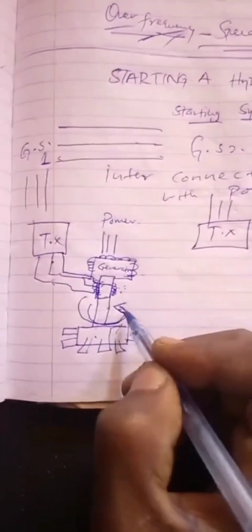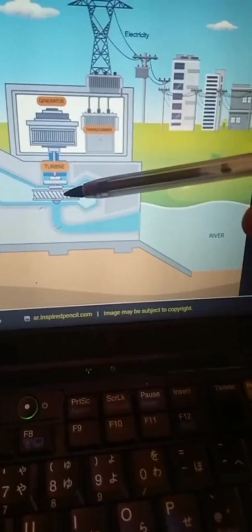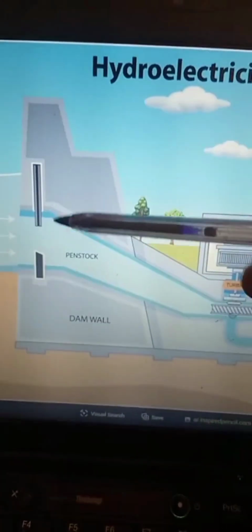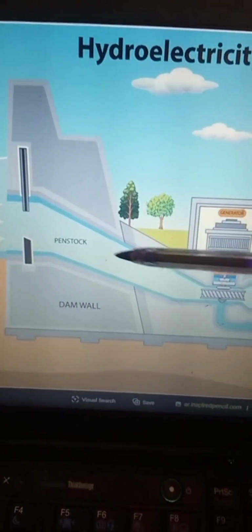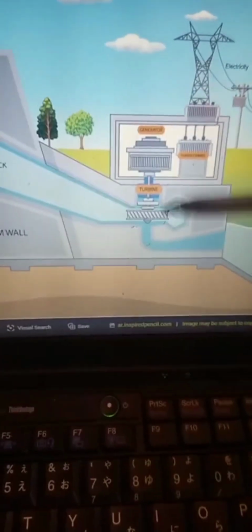Then from there, we open the gate. After the spinning has started, we now open the gate slowly, bit by bit, to make this turbine spin at its maximum speed.